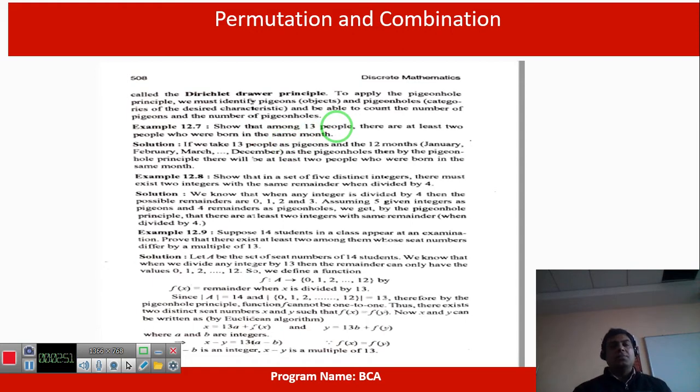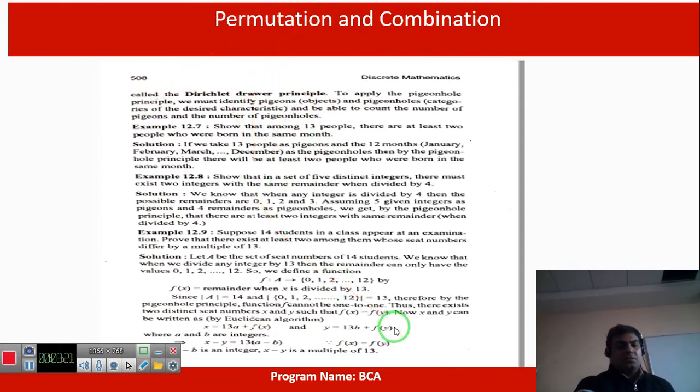If there were 12 people, each member could have a birth month of their own, a 1 to 1 mapping. But what about the 13th person? Their birth month must lie from January to December, so some month will have 2 persons born in it. So this mapping is not 1 to 1, following the Dirichlet pigeonhole principle.